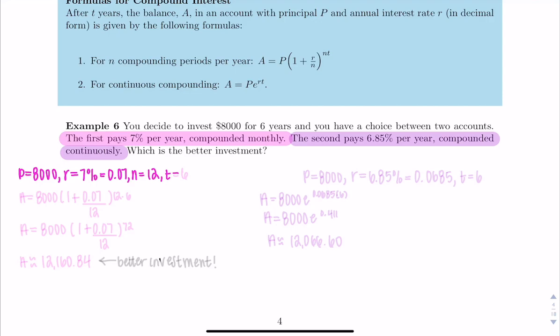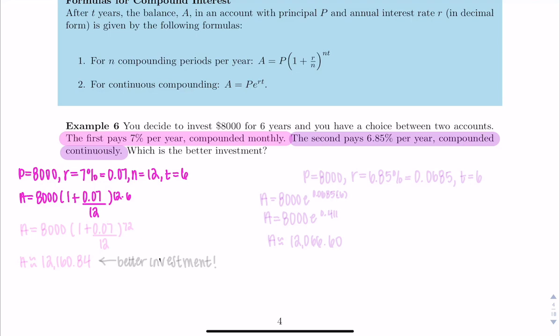And my T is the time in years, so 6 years. So we just want to plug into the first formula given. We have A equals 8,000 times 1 plus 0.07 divided by 12 raised to the 12 times 6.